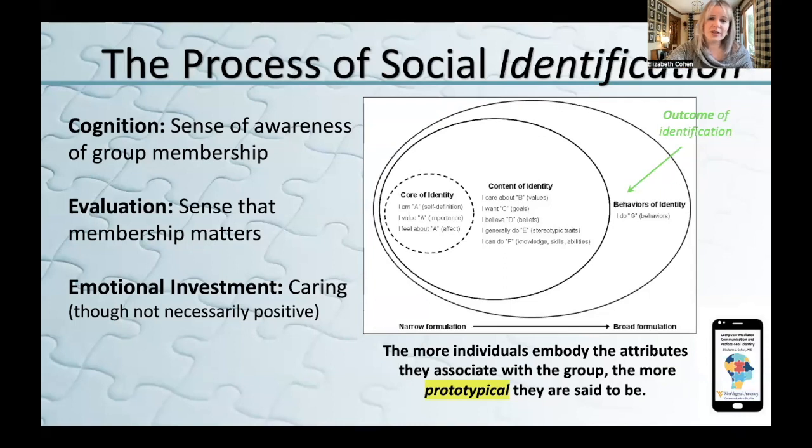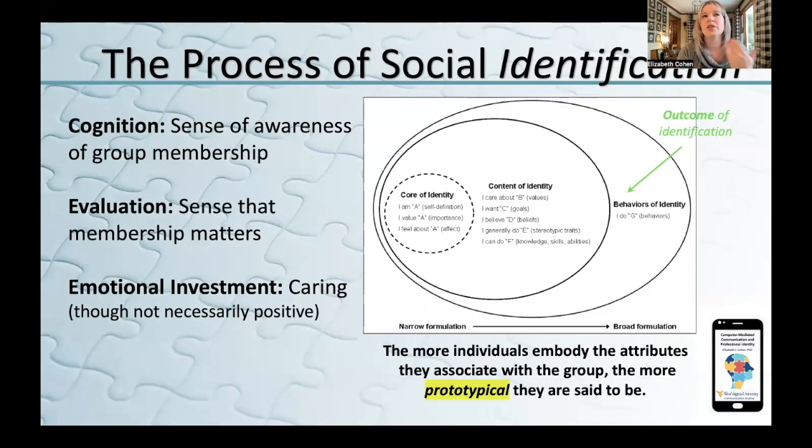The other thing that your reading talks about is the process of social identification. The author of this chapter is a big guru in terms of social identity theory in organizational contexts.